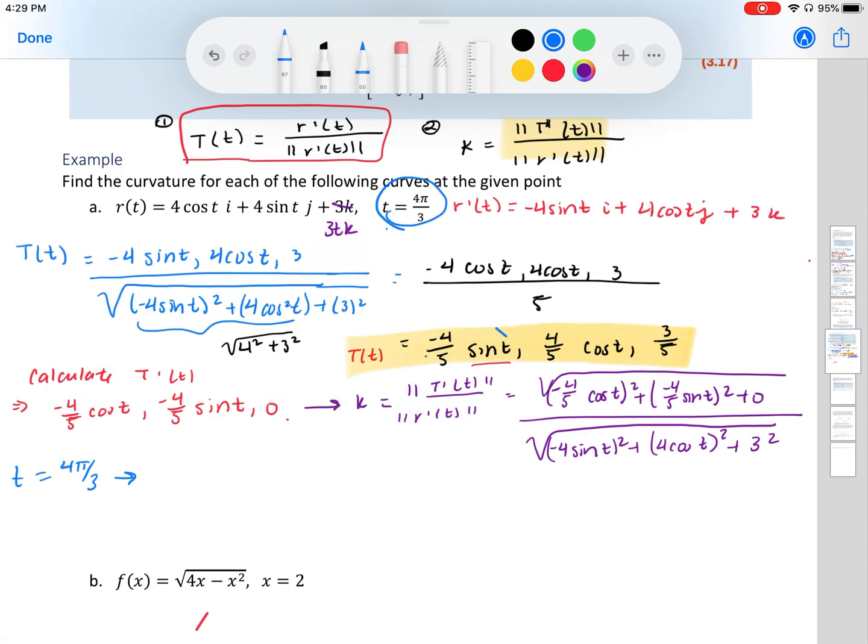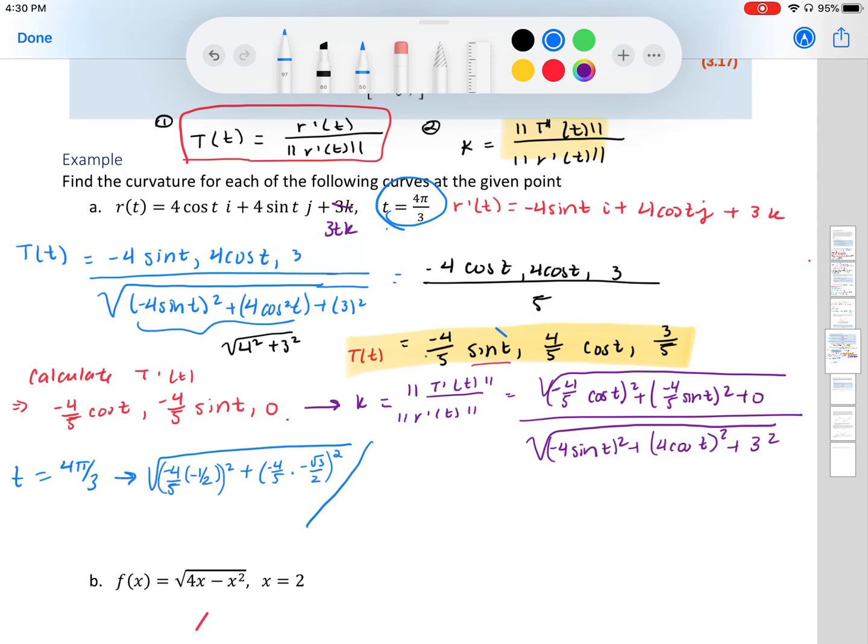So if we do that, we're left with the square root of, for our numerator, we have negative 4 over 5, and cosine at 4 pi over 3 is negative 1/2, squared, plus negative 4 over 5 times negative square root of 3 over 2, squared.